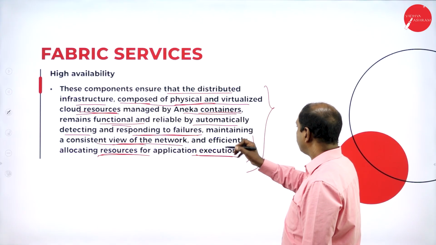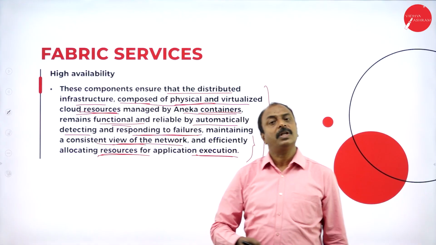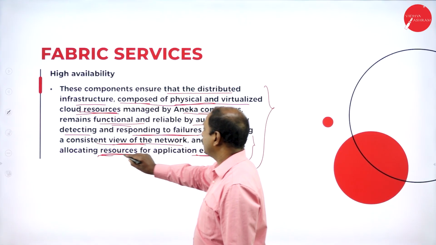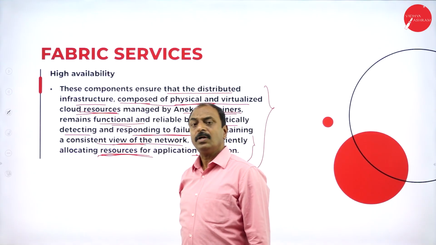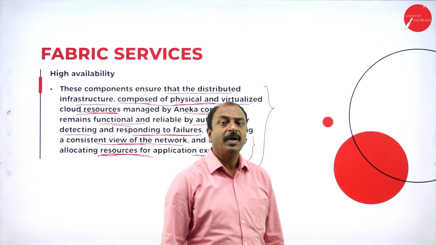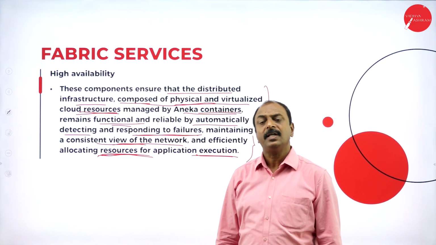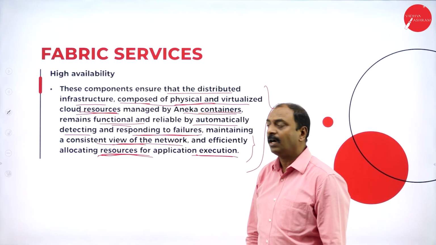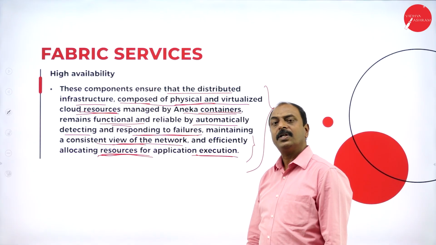In other words, if there is a failure with one of the components, it will immediately allocate resources for the applications, so that the users or clients should not have any problem accessing these resources. That is the definition of high availability, or in other words, fault tolerance.